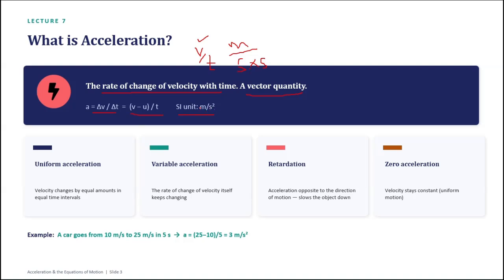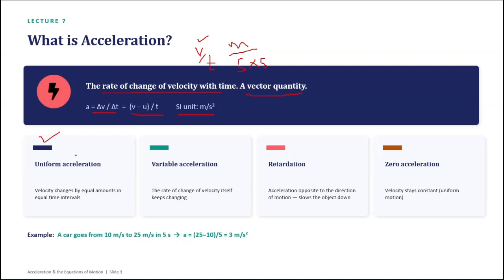Moving on, we will discuss a few types of acceleration. The first one is uniform acceleration. When velocity changes by equal amounts in equal time intervals, we call it uniform acceleration. All right.